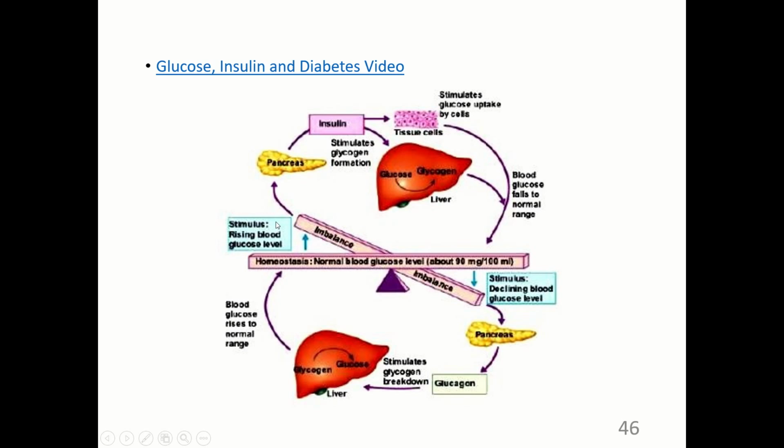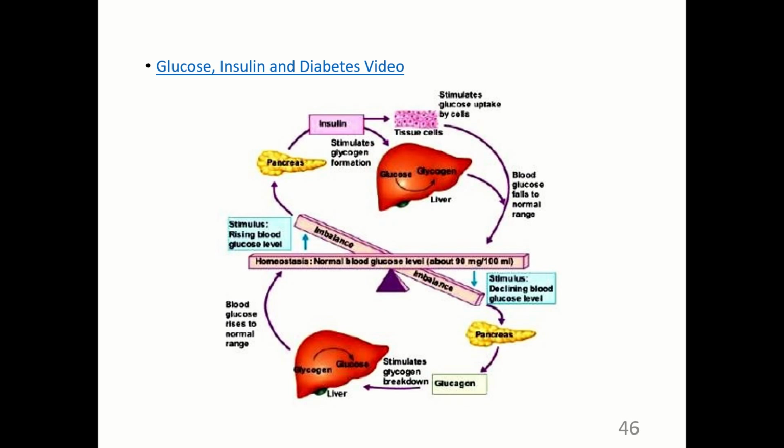That is the stimulus. The receptors will be located in your pancreas, and they will send information to the brain about the blood glucose levels. As a result, the pancreas will also be an effector, because it will then secrete insulin, which is actually the effector, I would say, that goes to all the tissue cells in your body and stimulates the uptake of glucose.